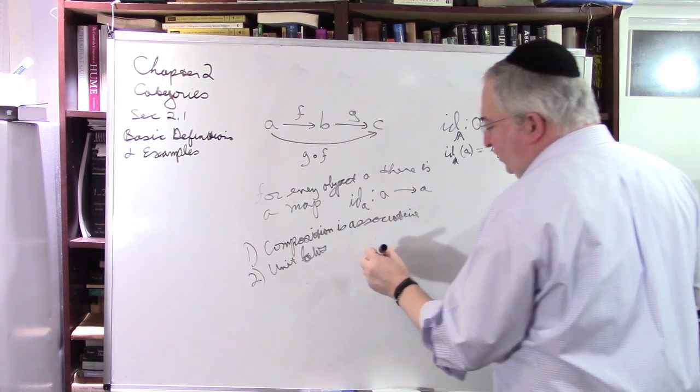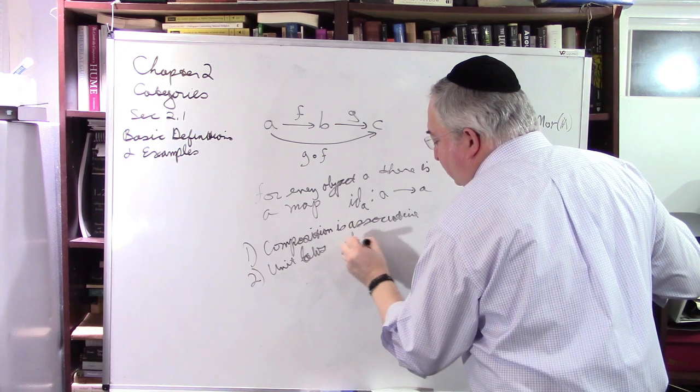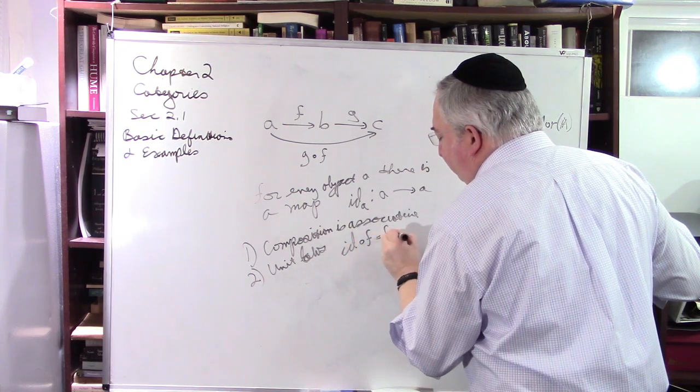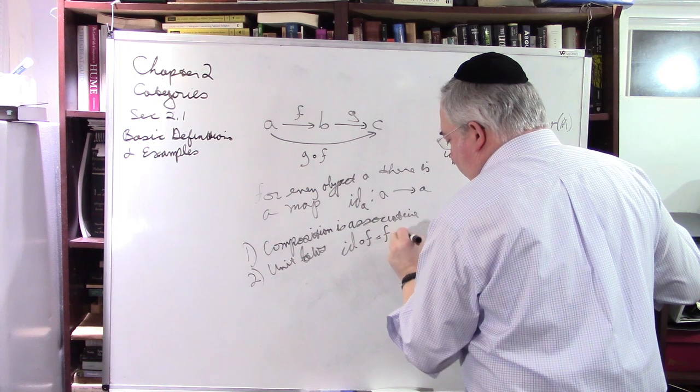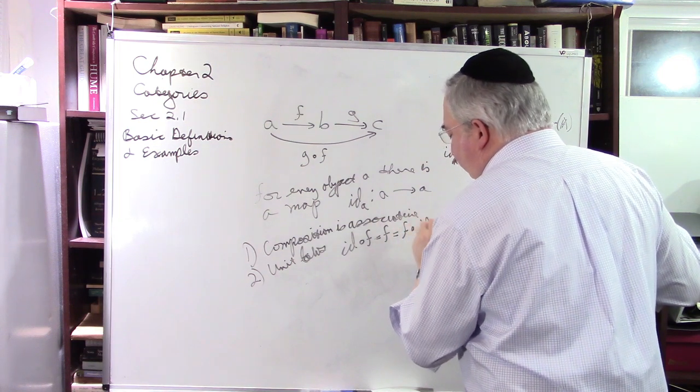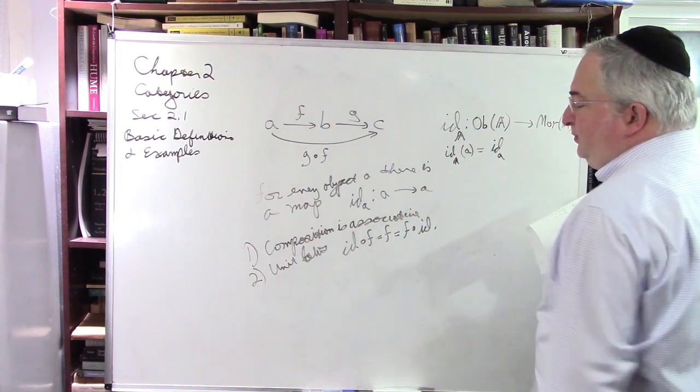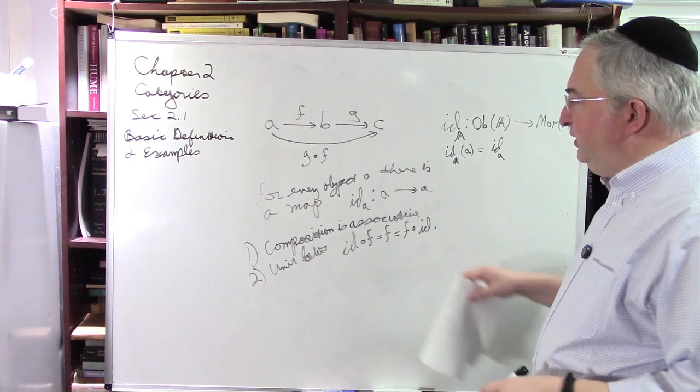I just wrote it 2 minutes ago, but let's say it again. Identity composed with F is equal to F, which is equal to F composed with identity, where you have the right subscripts there of which identities they are.